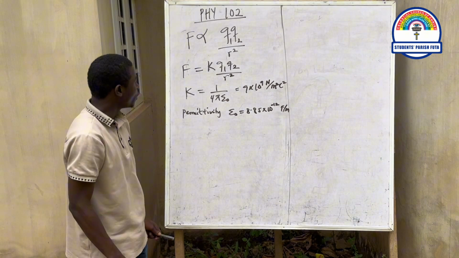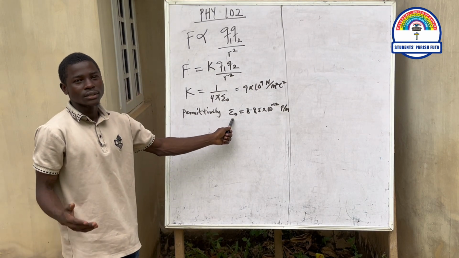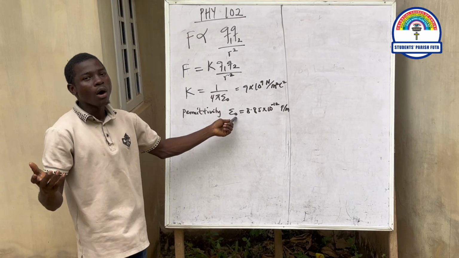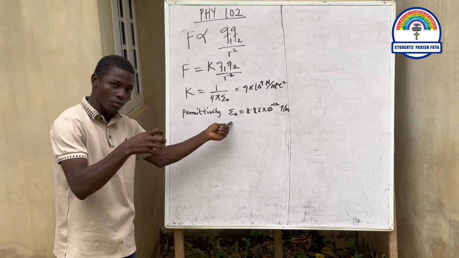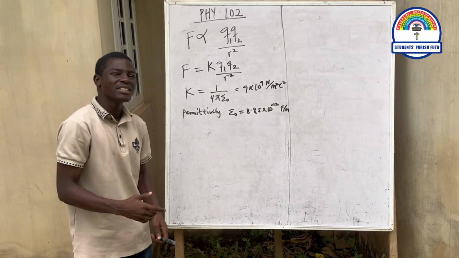Before I go, let me explain. Now I said this is the permittivity in vacuum or free space. That is how the force between charges, how the field, is permitted to move in air or vacuum. So what if it is in another medium, such as water?